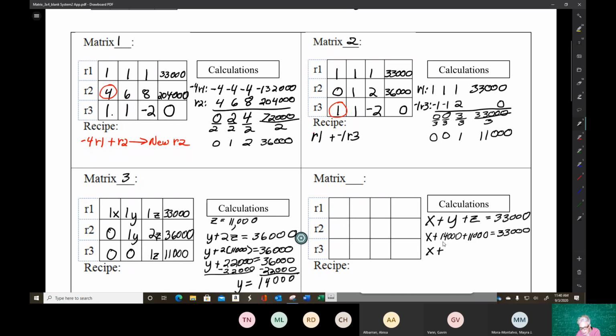Oh, okay. So this is going to be 0, 0, 0 when we add these guys together. 4 plus 1 is 5. And 1 plus 1 is 2. And maybe not.